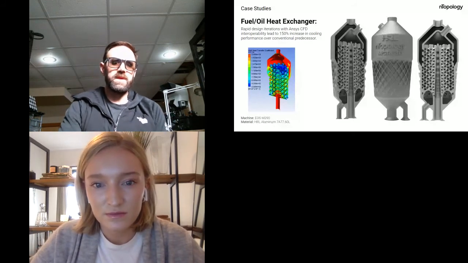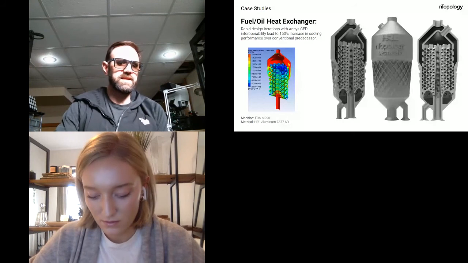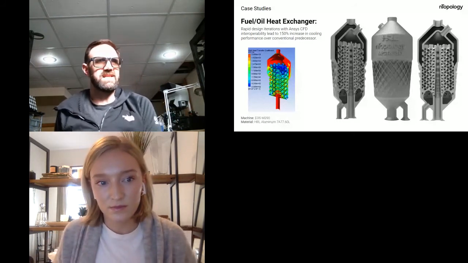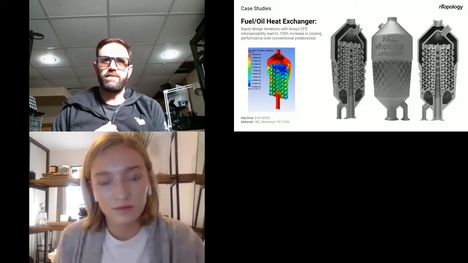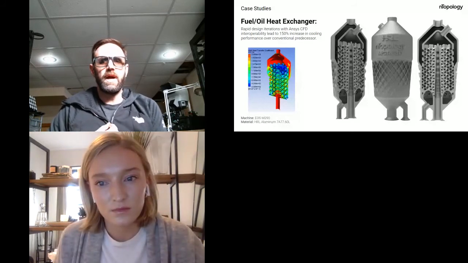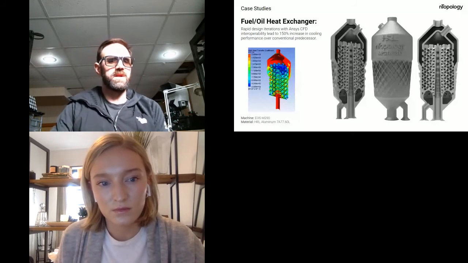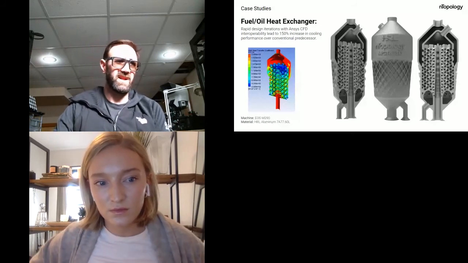Yeah, so in terms of lattices, we make it really easy to draw lattices, and we make it easy to analyze them. I have a big background in FEA, and so I'm always going to say that a simulation is great, but it always needs to be experimentally validated.